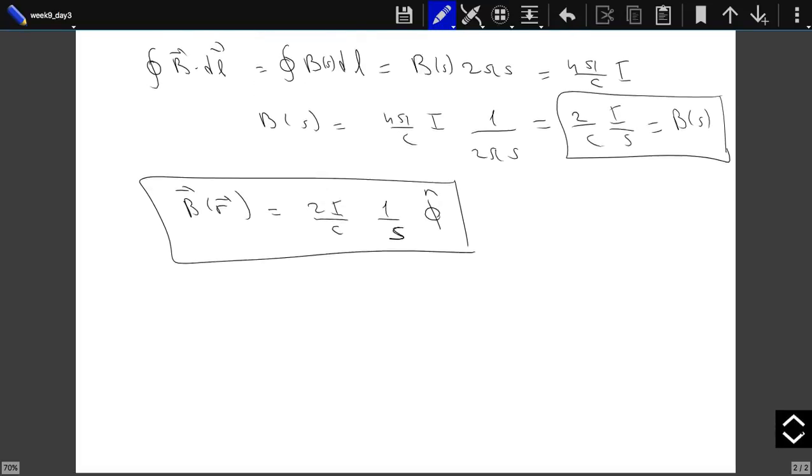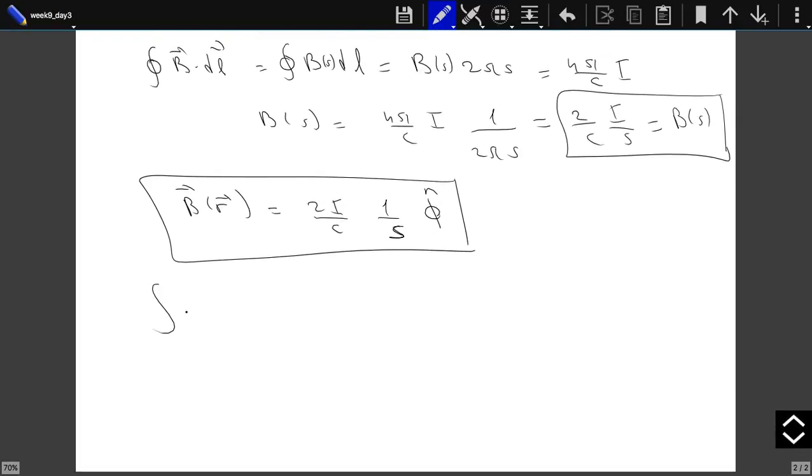Now, when we are using this law, we know that if we take any area and calculate the curl of any vector field over that area, this is equal to the integral of the vector field over the boundary of that area. Of course, there are two things that we have to be consistent about. One is the direction of ds. The other one is the direction of dl.